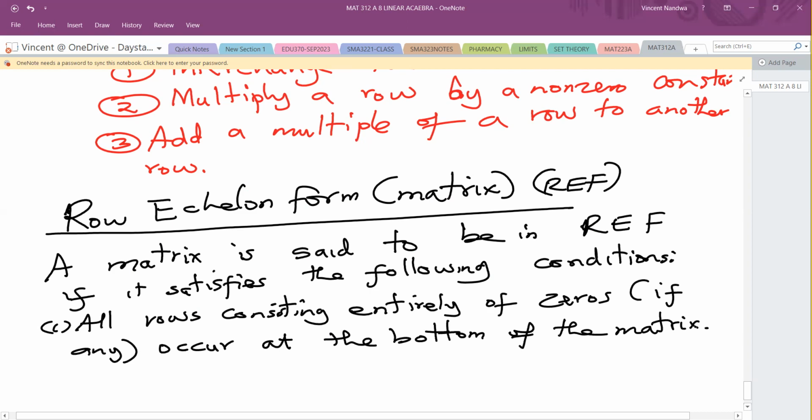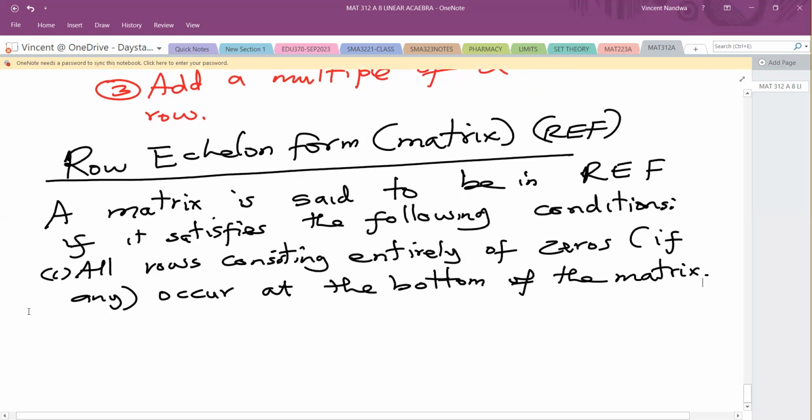So if there are any rows that have all the elements to be zero, then they must be placed at the bottom of the matrix. And remember, we are saying that if any, so sometimes that may not be the case. There may be no row with zeros. But if there is a row with zeros, then you must place it at the bottom.